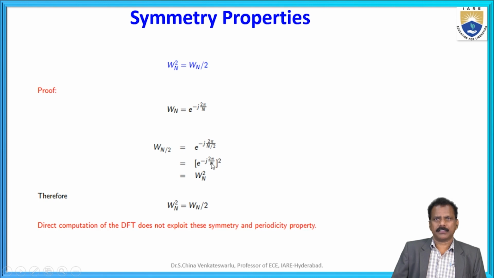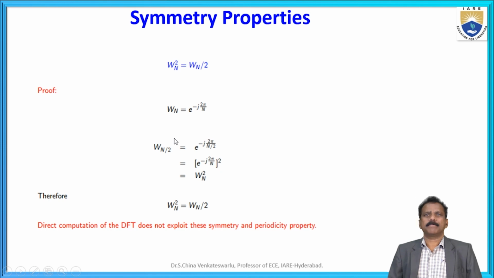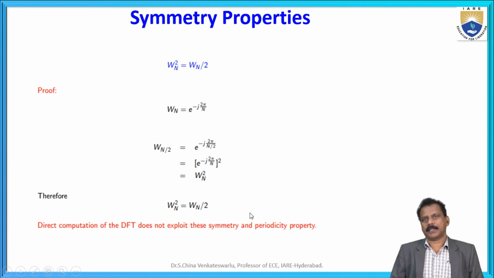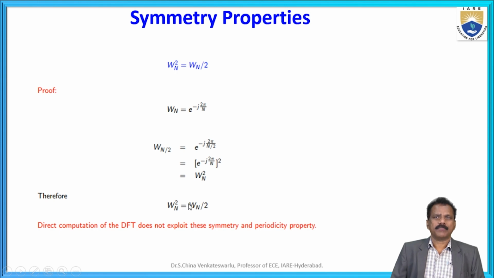After simplifying this, Wn square is equal to Wn by 2. So direct computation of the discrete Fourier transform does not exploit this symmetry and periodicity property. That is the greatness, the importance of these symmetry and periodicity properties.